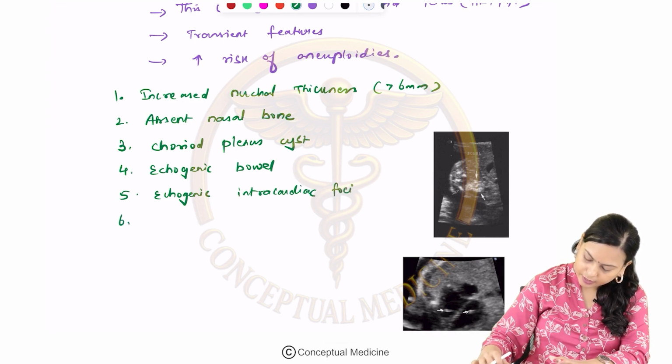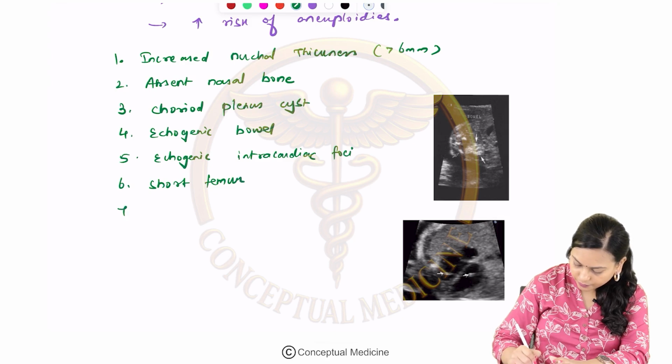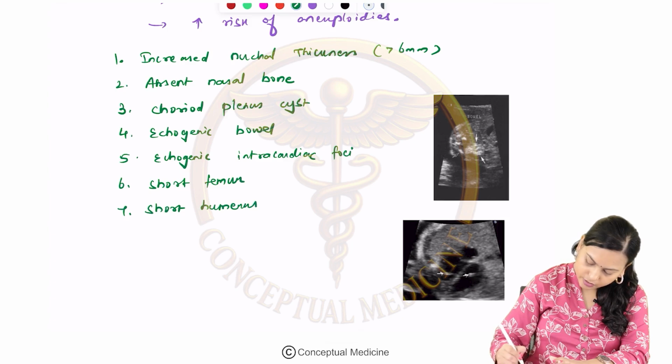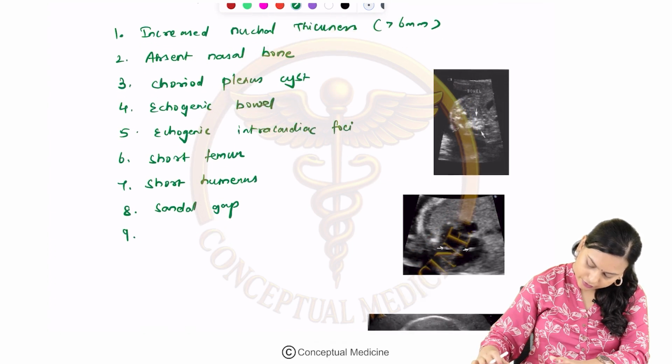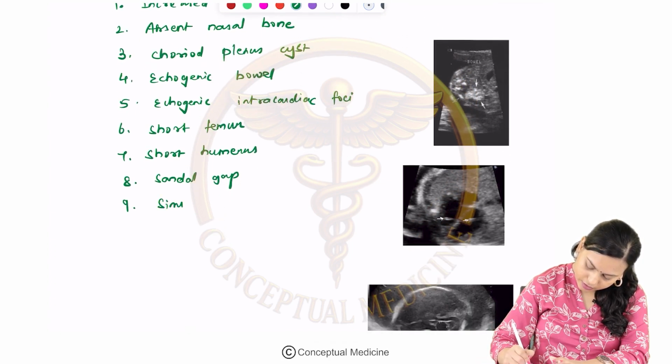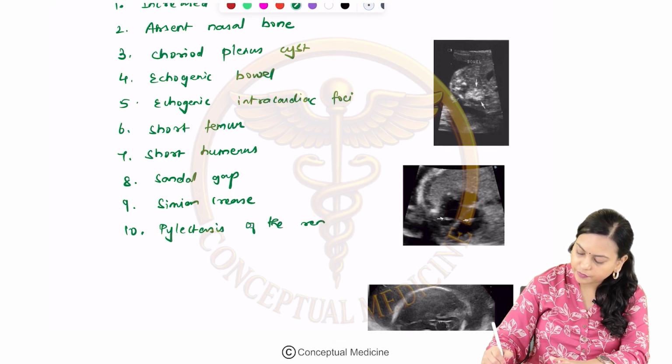There can be shorter long bones like short femur or short humerus. There can be sandal gap or Simian crease, and there can be pyelectasis, okay, of the renal pelvis.